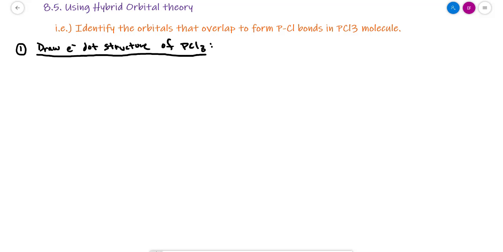We'll start by drawing the electron dot structure of PCl3, which will give us a sense for what the two-dimensional structure is, where the bonds are, and then from there we'll go to 3D. So pause the video here and see if you can draw the same structure that I'm going to draw.